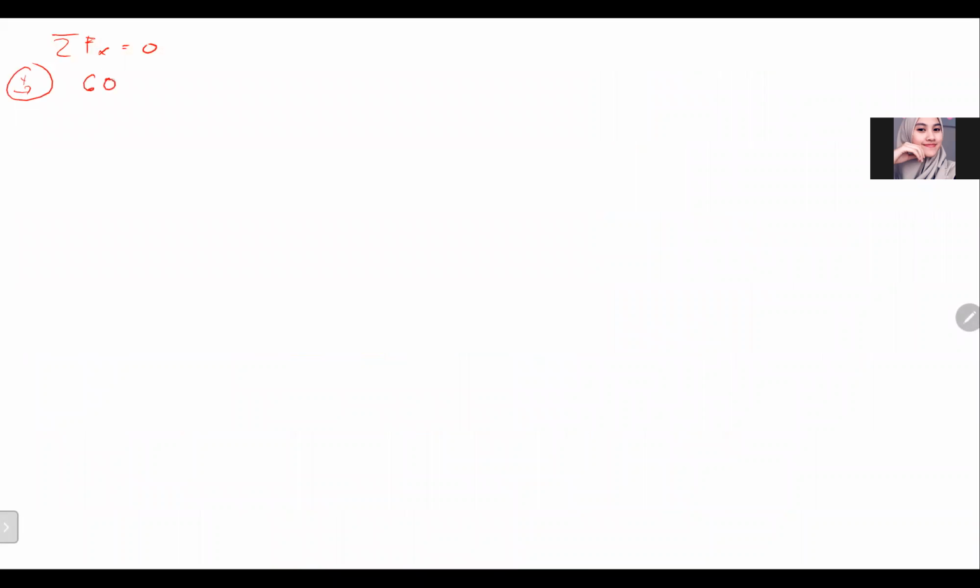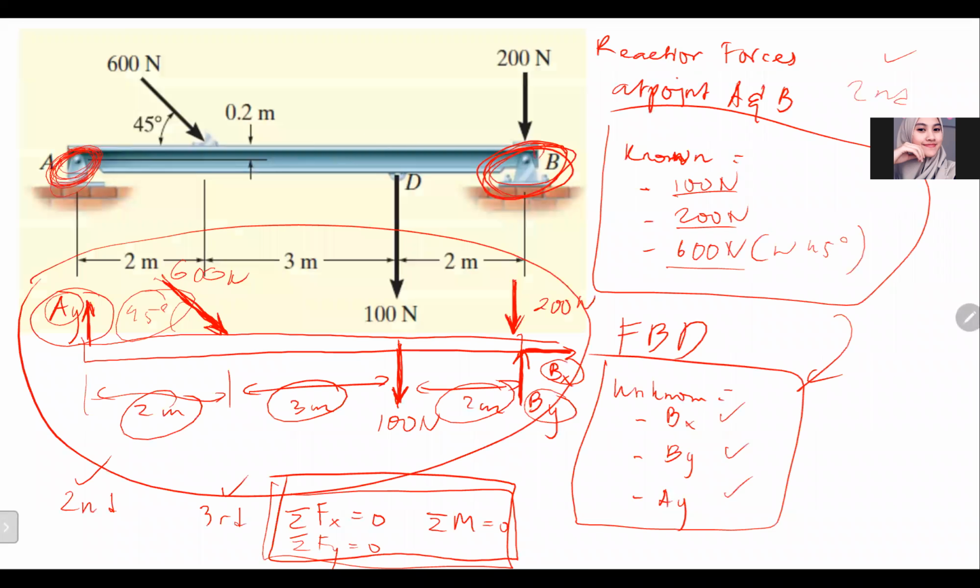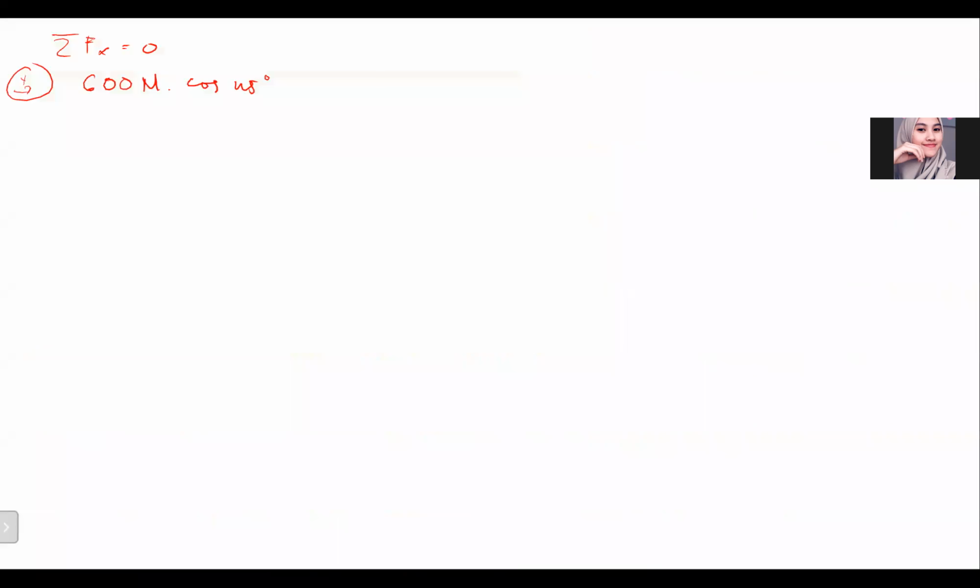So we have 600 newtons cos 45 degrees. What else is going horizontally? Bx. Plus Bx. Why plus? Because it's going to the right.